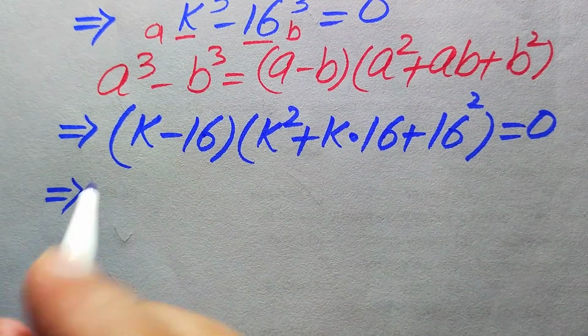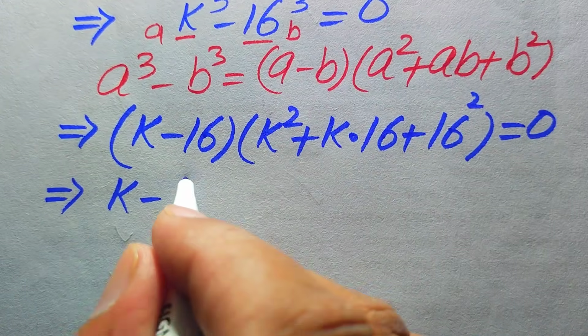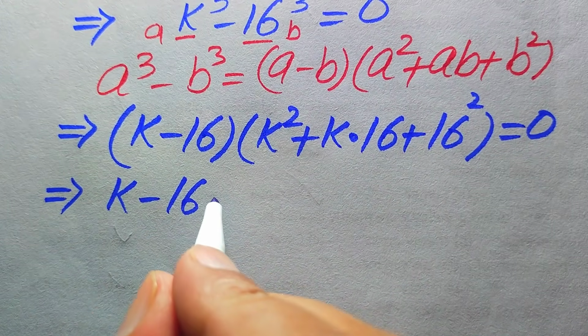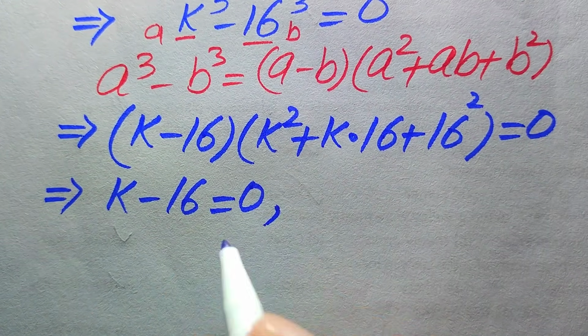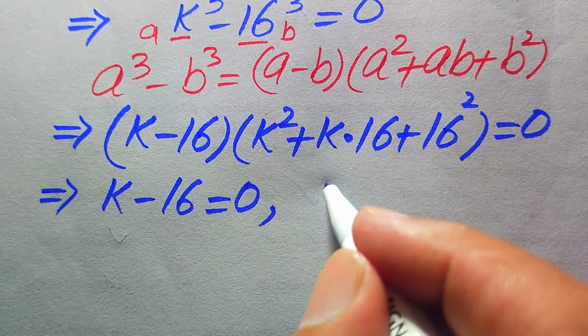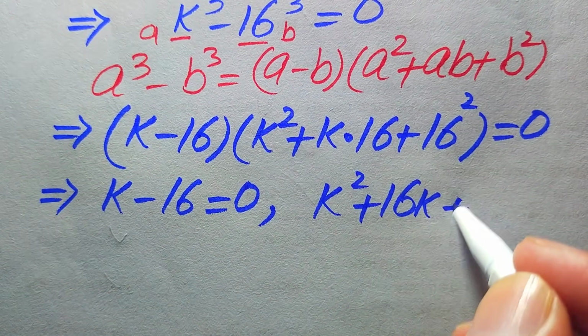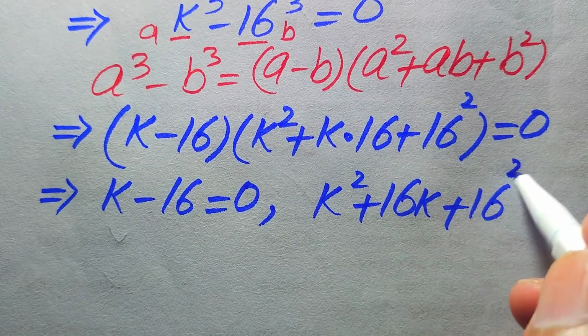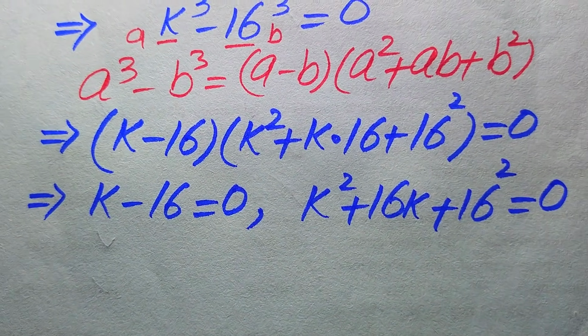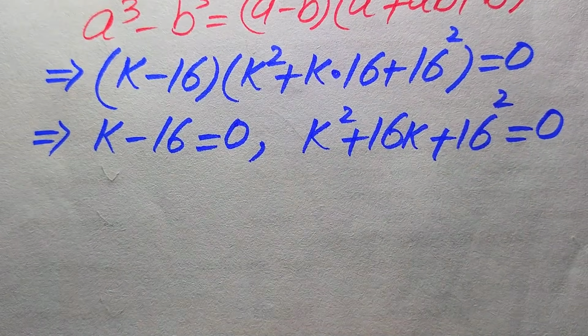And now we divide this equation into two cases. The first case is k minus 16 equals 0, and the second case is k squared plus 16k plus 16 squared equals 0.